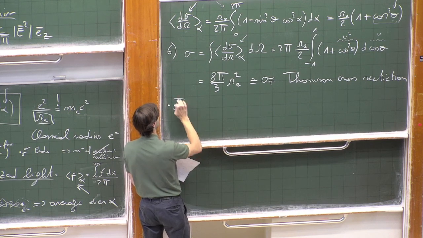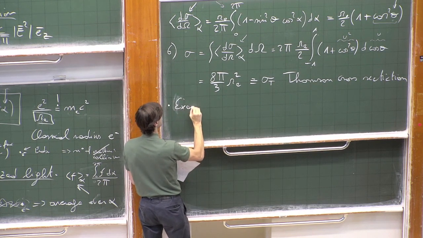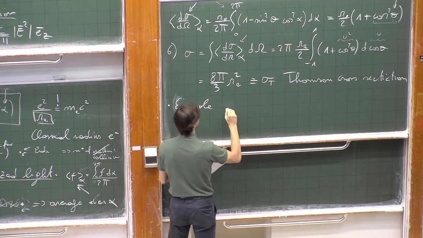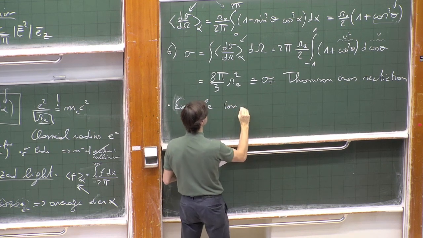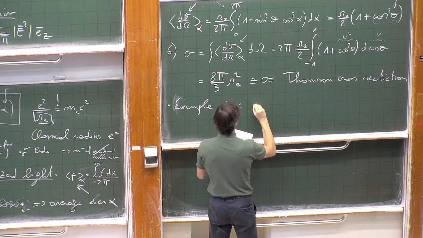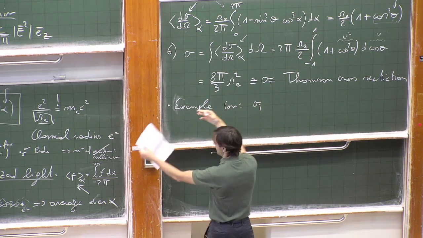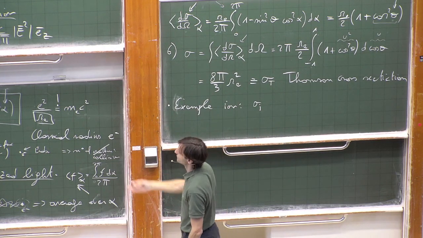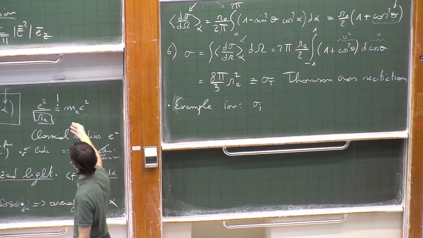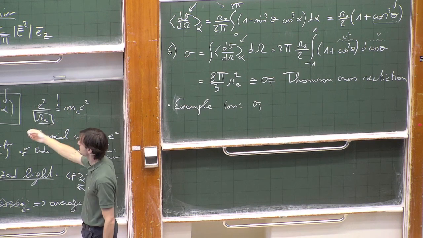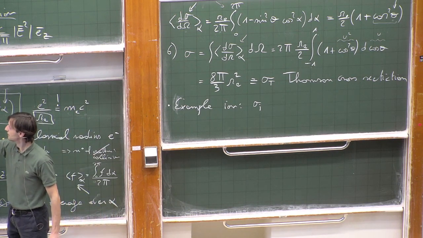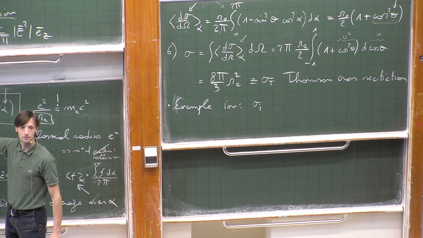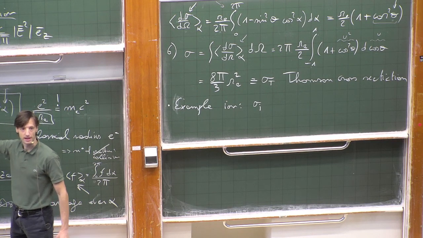Let's take an ion, okay? The cross-section must completely respect all this prescription. The only thing that is going to change is the mass and the charge. That's it. All the rest is going to be the same.